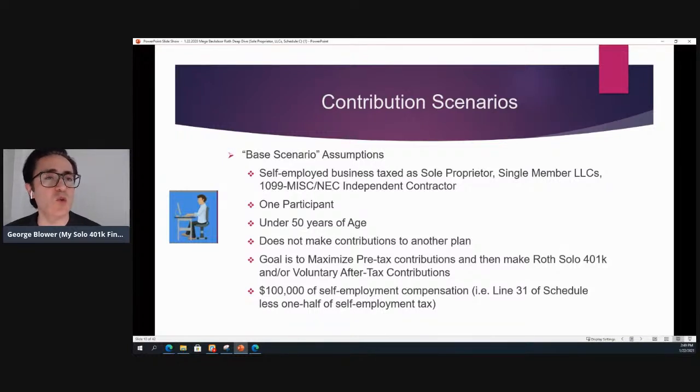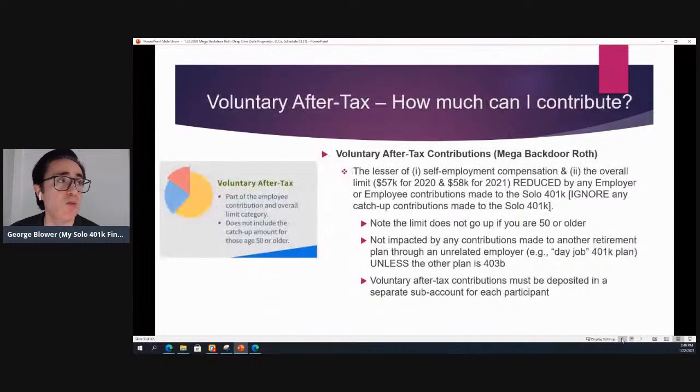If you watched our S corporation presentation, the employer contribution limit is 25% of the W-2 wages that you receive from the S corporation. If your business is taxed as a sole proprietor or a single member LLC, Schedule C income, for example, you get a 1099 miscellaneous and you put it on Schedule C, the employer contribution limit is 20% of your self-employment compensation.